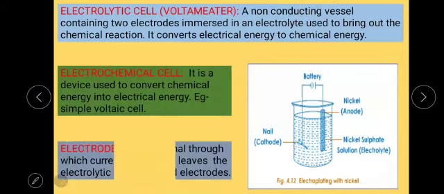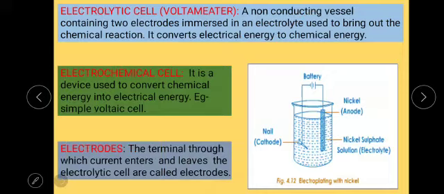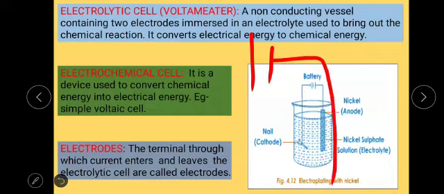Let me move to the next point. About electrodes, you all know all these things from class 8 onwards. Still, let me try to explain to you once again. The terminals through which current enters and leaves the electrolytic cell are called electrodes. Normally we have two electrodes. As I told you, this is the symbol of a cell, and the negative terminal we normally call cathode, and the positive terminal we normally call anode.